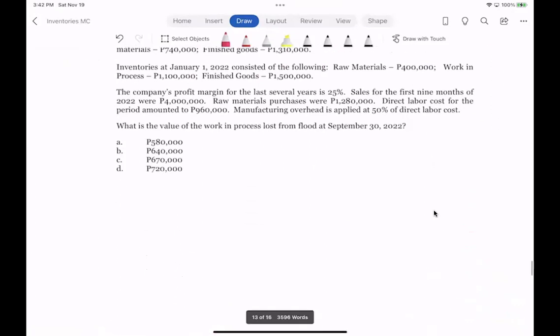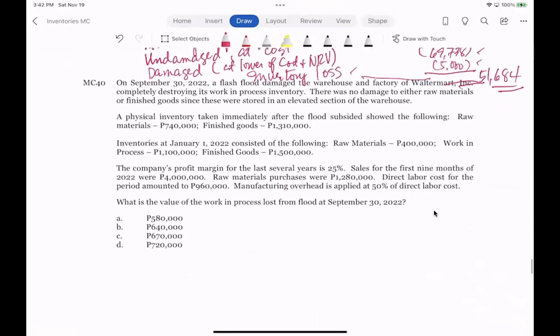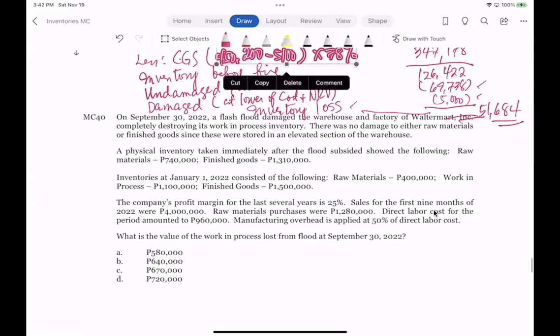Okay, so we go to item 40. On September 30, 2022, a flash flood damaged the warehouse and factory of Walter Mart Incorporated. The question is, what is the value of the work in process lost from the flood at September 30, 2022?